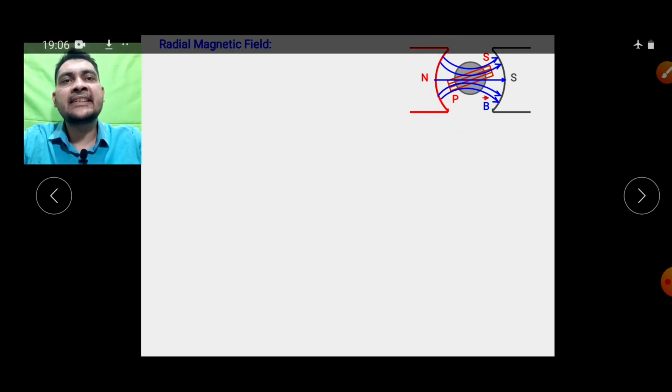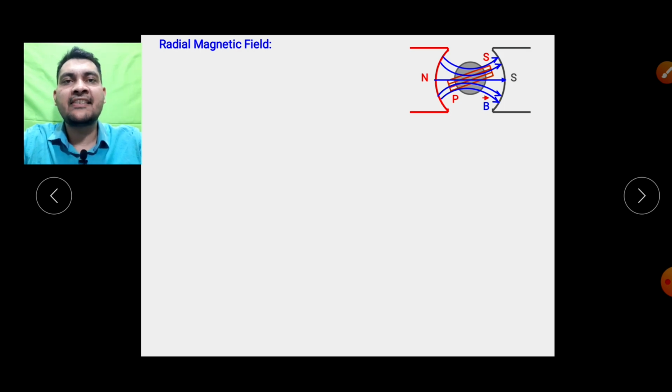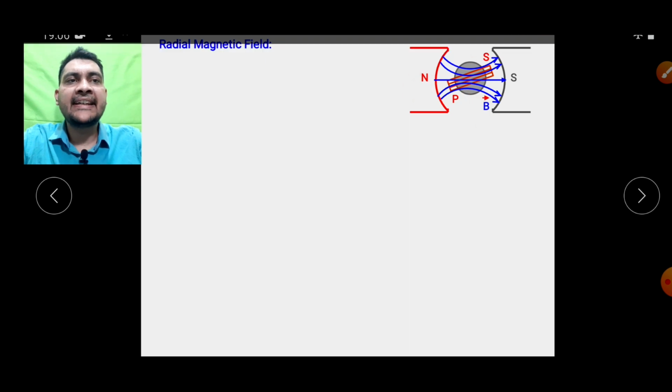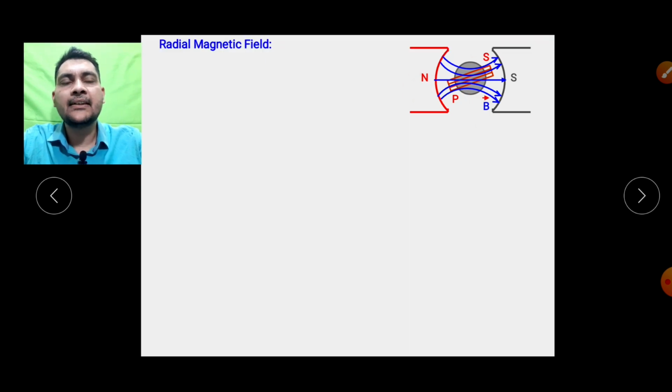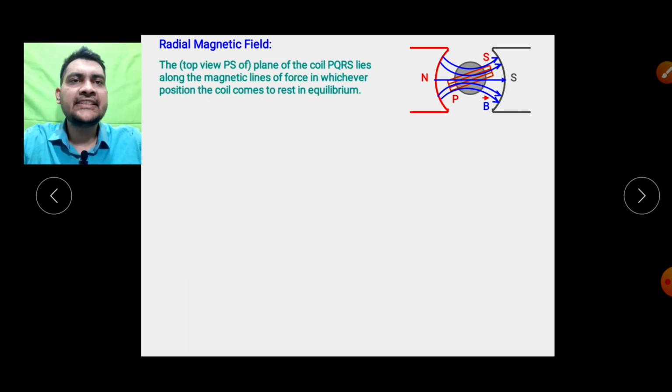The question may be asked why a radial magnetic field is used in a galvanometer. Then you will reply that because of the radial magnetic field, the angle between the normal of the coil and magnetic field lines always remains 90 degrees, and because of that the torque on the coil always remains maximum. So this is the use of the radial magnetic field.